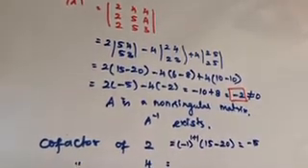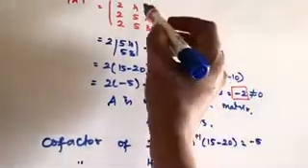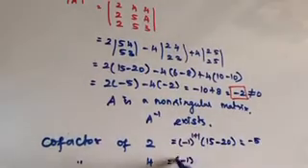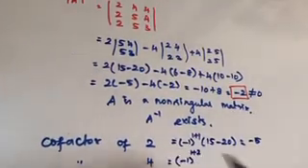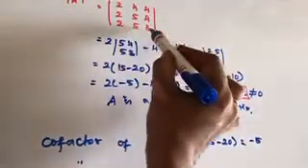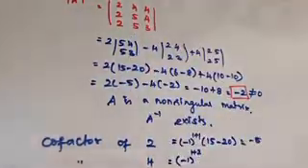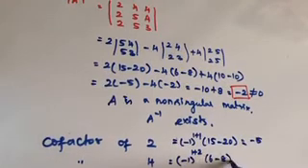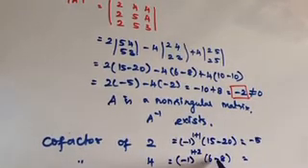Similarly, the second one for 4, it is in the first row, second column. So, minus 1 power 1 plus 2, and its minor is 2 3s are 6 minus 8. So, here minus 1, here minus 2, it will become plus 2.